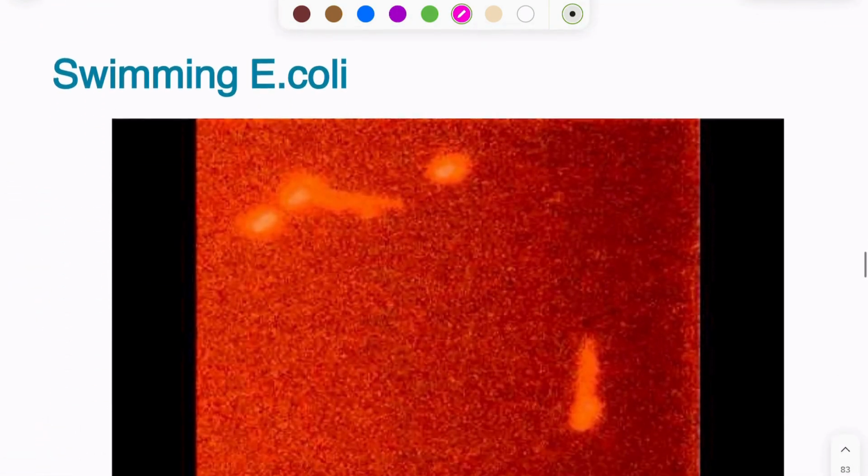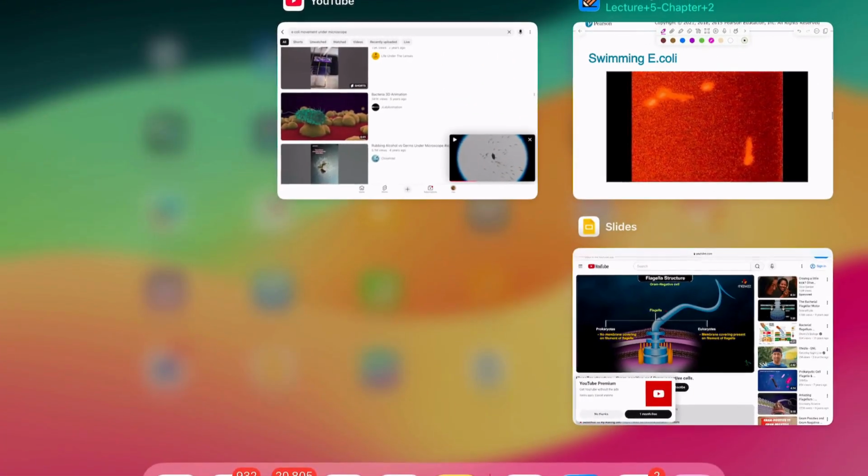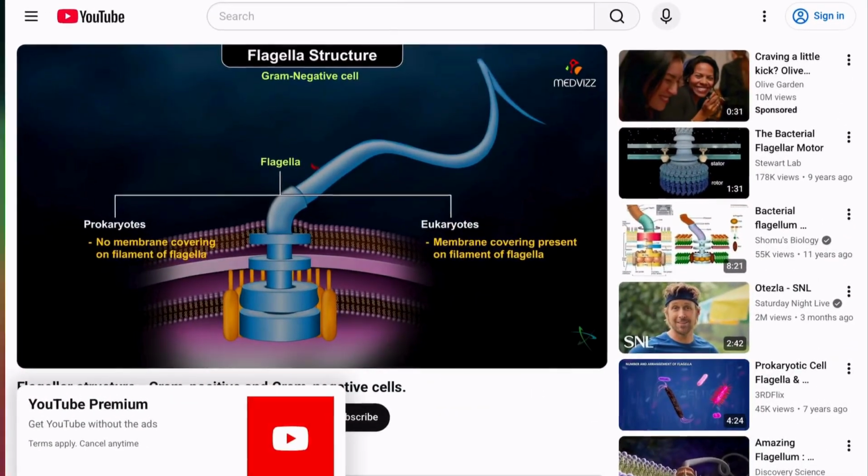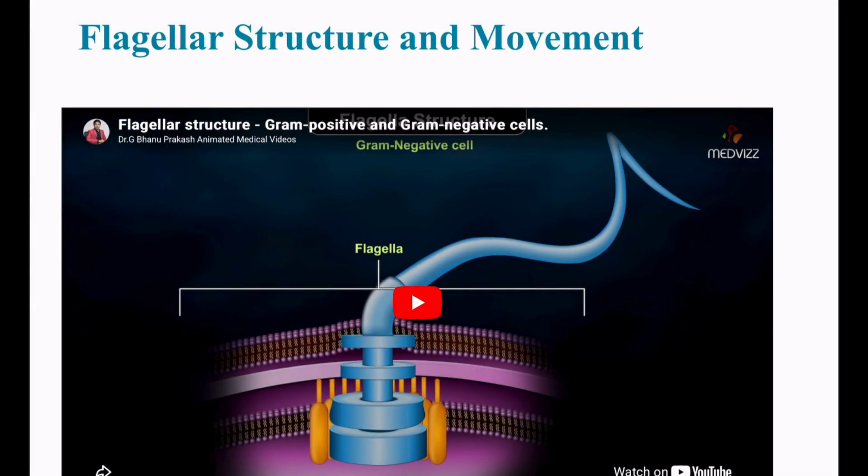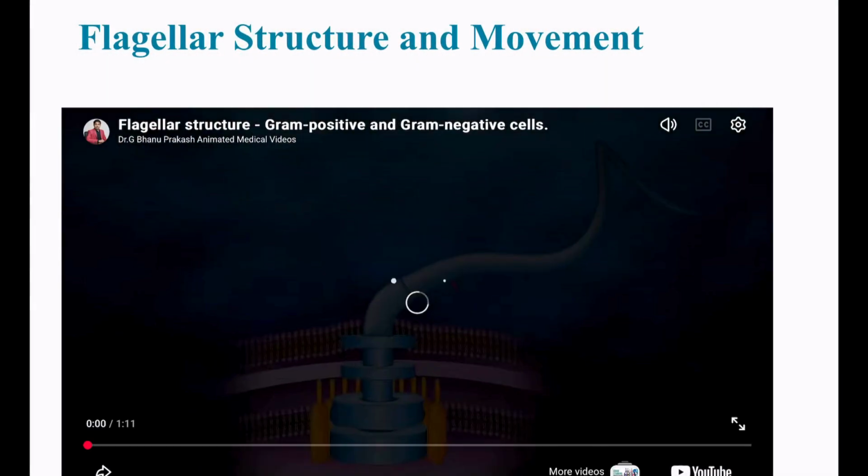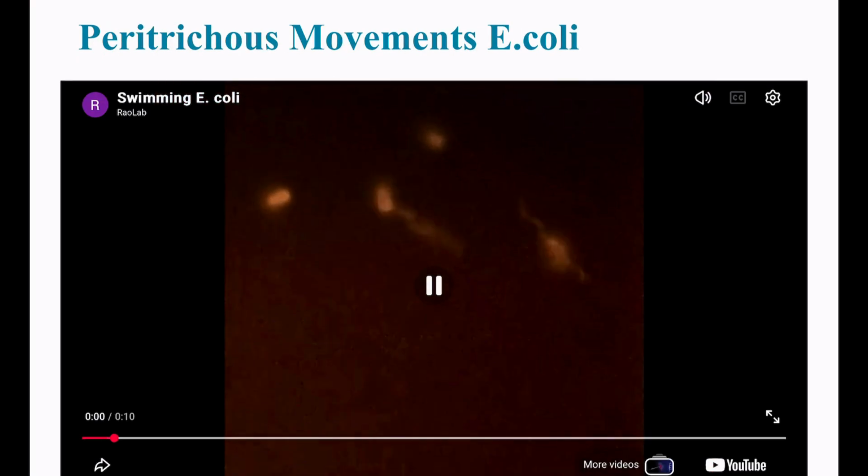All right, so this is E. coli swimming, and I'm just going to show you here. Okay, so as you can see, if I could zoom in, this is E. coli down there running.